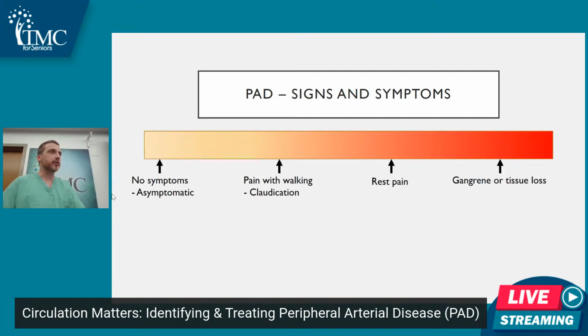What I talk about with peripheral artery disease is that it's a spectrum disease. A lot of diseases are like, yes, you have it, no, you don't, or yes, you have it and you may have this complication or that complication. Really, this is slow progression of plaque that builds up over time. Early on, patients may develop plaque buildup but have absolutely no symptoms.